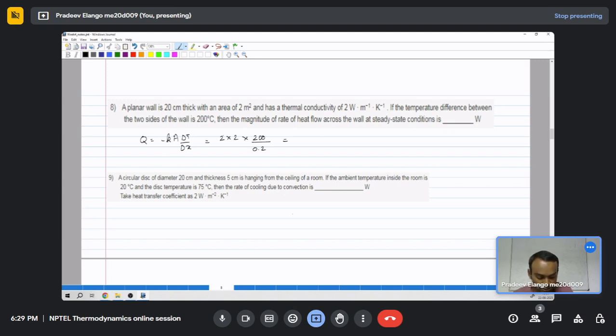And this is, so it is 40 watts. Sorry, the answer is 4000.